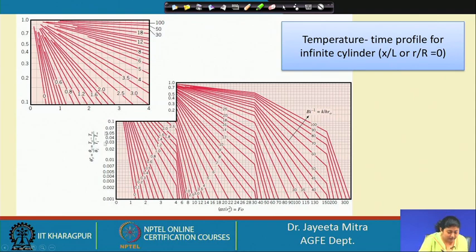So, the initial temperature of the body is noted by T i here, T infinity is the temperature of the surrounding, and T 0 is the temperature it attained at any time.